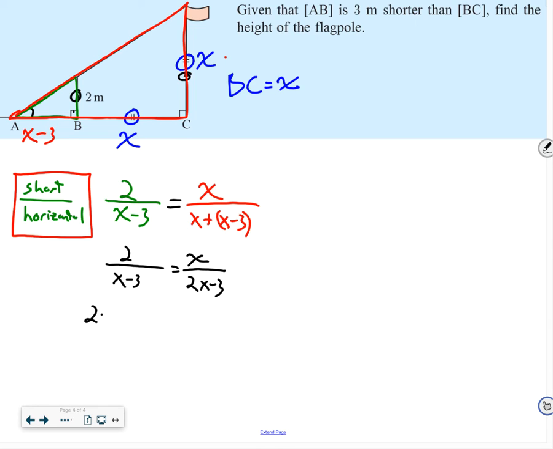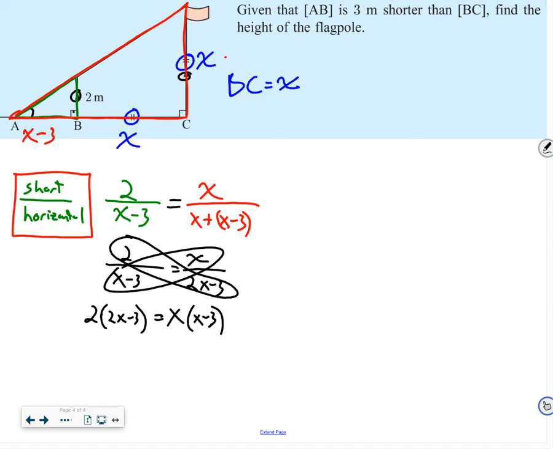So I get 2 times 2x minus 3. That's this here. And that's equal to this product, x times x minus 3. Okay, distribute across, I get 4x minus 6 is equal to x squared minus 3x.